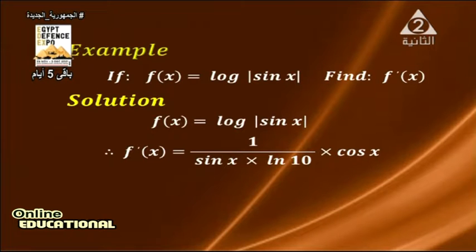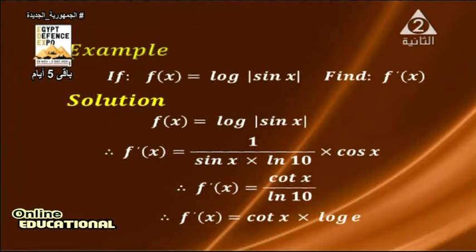F dash x equals 1 over sine x ln 10 multiply cosine x. Then f dash x equals cosine x over sine x, which is cotan x, over ln 10, and we can write f dash equals cotan x multiply log e to the base 10. Another example.